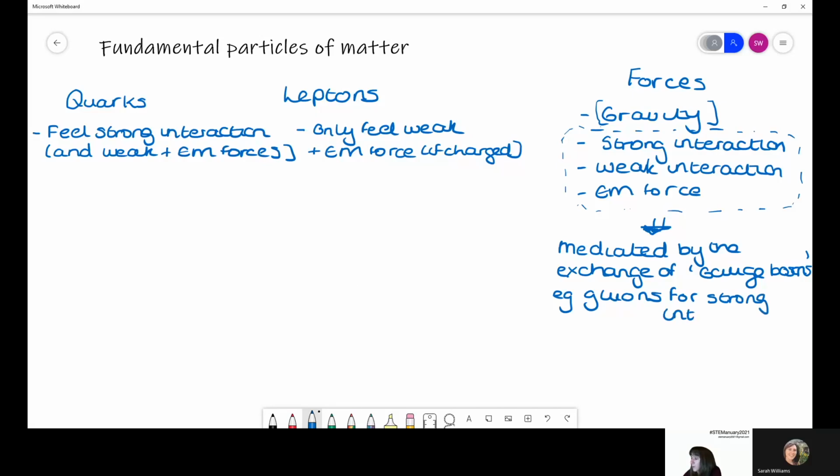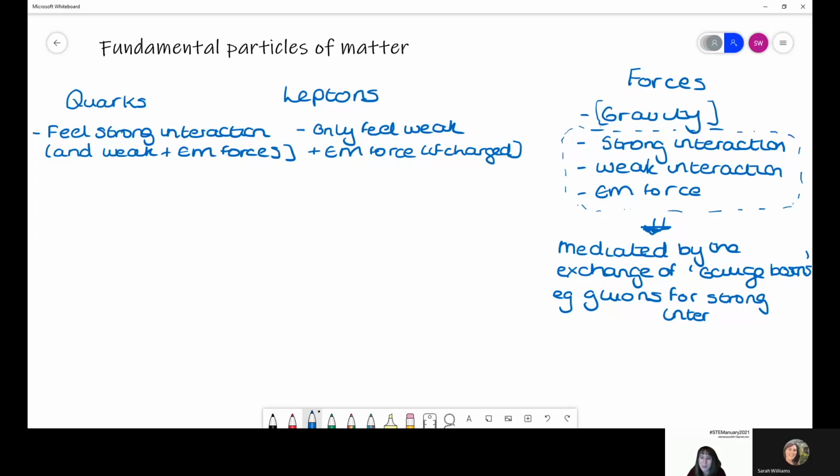If you were to try and move two quarks apart, then as you try and move them apart, the energy stored in what we can think of as the force field generated by the gluons increases, such that eventually this energy will be enough to generate new particles, and these are generated in the form of a quark and an antiquark pair.